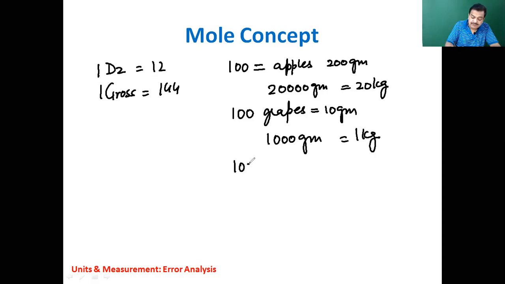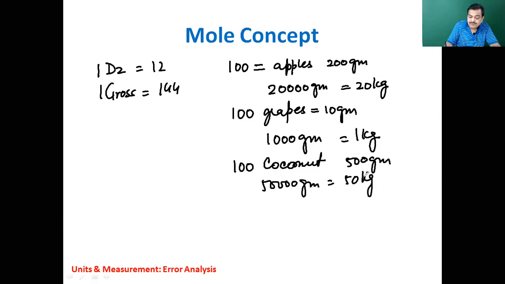If I take 100 coconuts, each coconut may weigh about 500 gram. So 50,000 gram is equal to 50 kg. Now, what special thing are you seeing here?